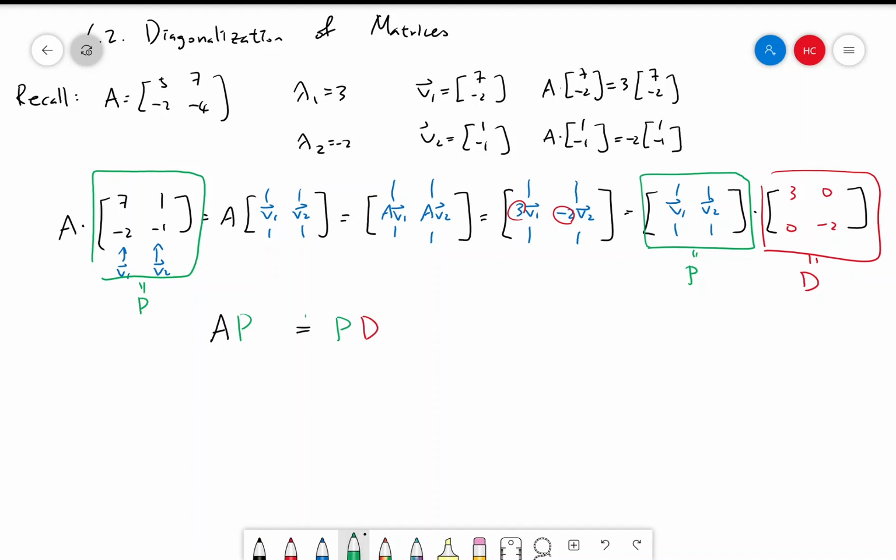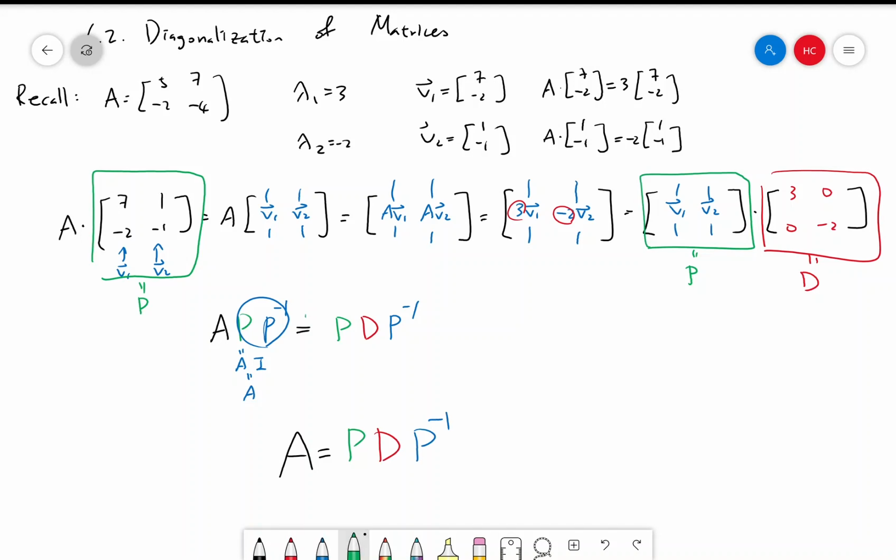And if we multiply P inverse on both sides on the right, then we know P and P inverse together is the identity matrix, which is just 1 technically. So we get A equals P D P inverse.